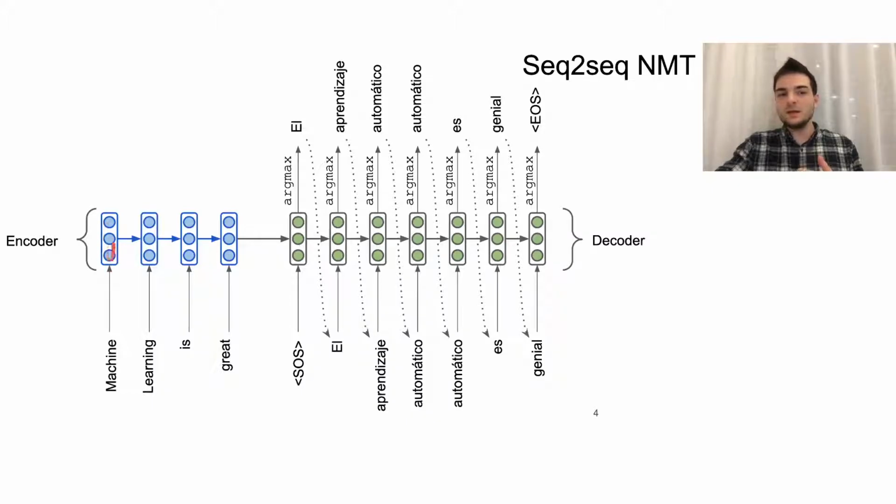Now this hidden state is updated, and it's mostly based on the word machine because it was updated most recently by this word on the input. Then we add learning, take into account the previous hidden state, and add this word learning. So this hidden state is based on the word learning the most because it is the closest word. Repeat again, take into account the next word, and the next word, and finally we get this last hidden state, which encodes the whole sequence we had on the input in the source language.